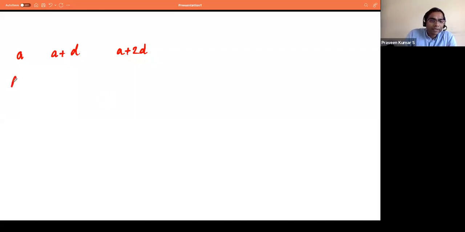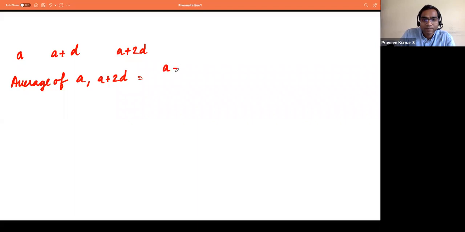Now if you calculate the average of a and a plus 2d, the first term and the third term, how will you calculate the average? You will say a plus a plus 2d divided by 2. So a and a, you will get 2a in the numerator, 2a plus 2d. If you simplify, you will get a plus d.